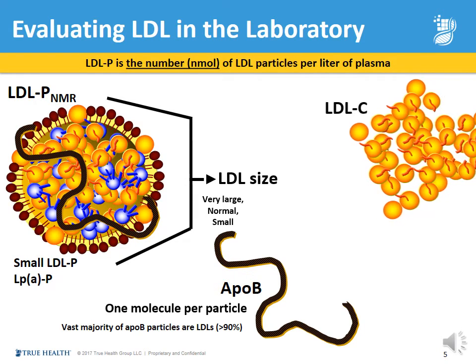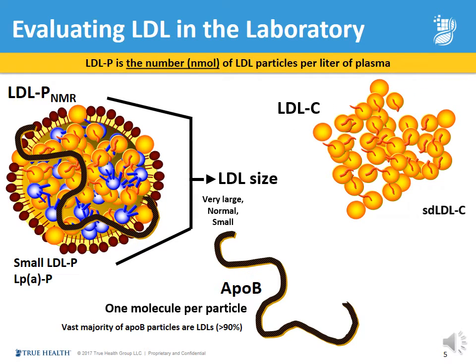The most commonly used metric for the last 50 years, of course, has been LDL cholesterol, the cholesterol content of all the LDLs that circulate in a deciliter of plasma. And it's basically a surrogate of LDL particle counts, or ApoB. It often correlates, but many times it doesn't.